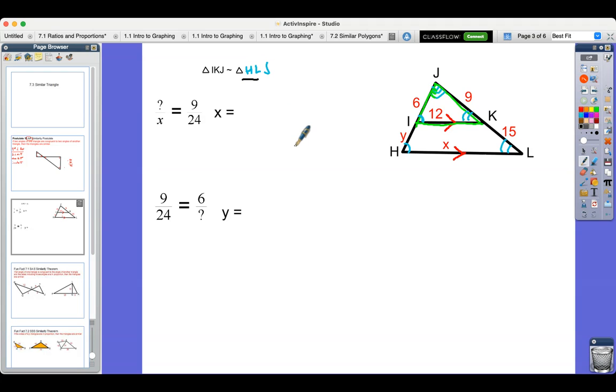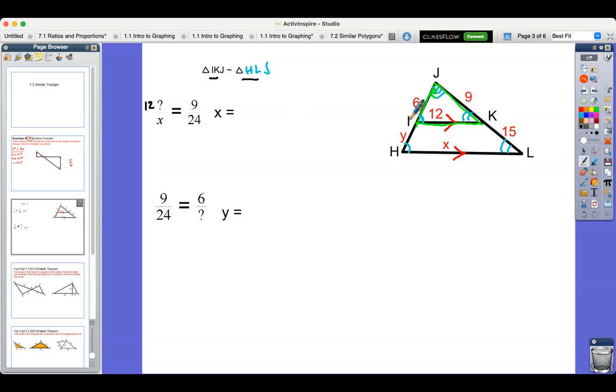HL is similar to which part? Its counterpart would be IK, sorry, IK. So this will be a 12 right here, and this is x. That's the first part to figure out what goes over the x.